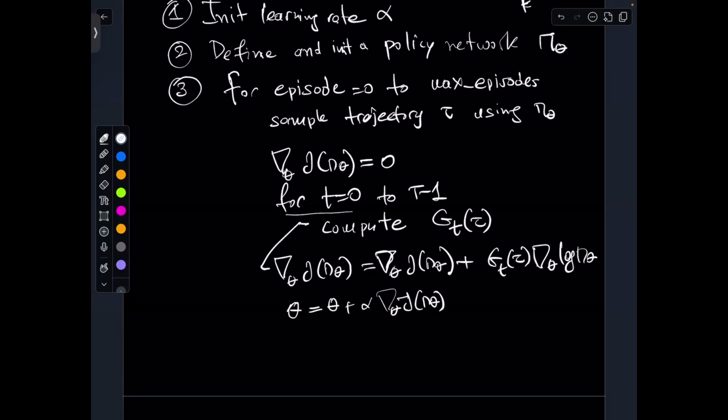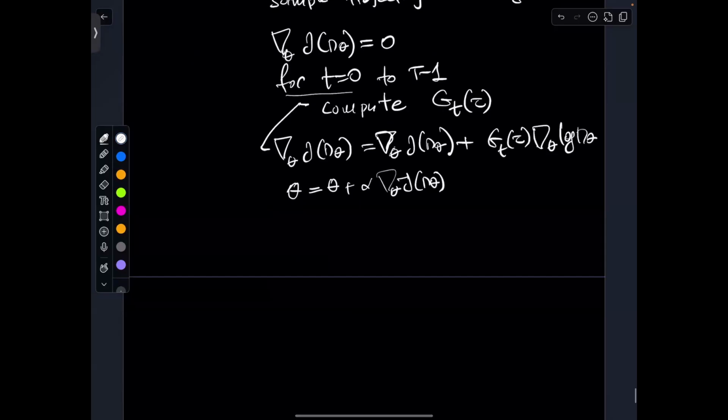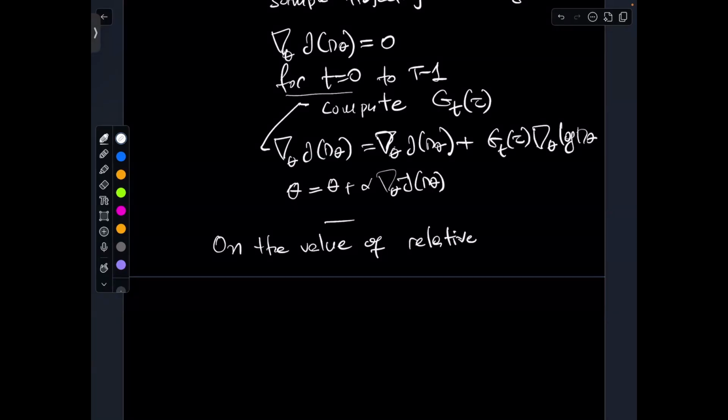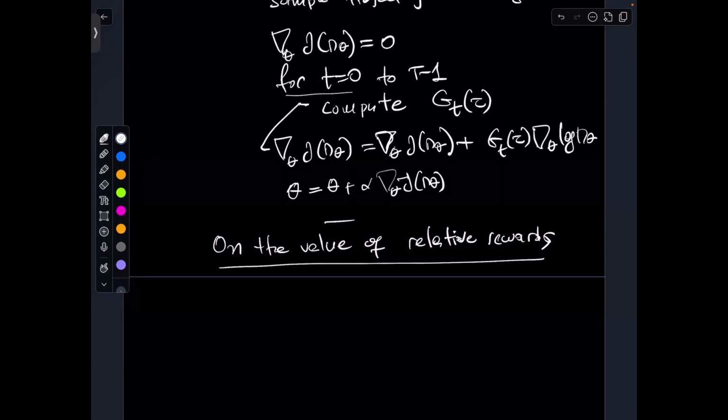Before we get started, one thing that I wanted to mention is the value of relative rewards. I have an analogy.